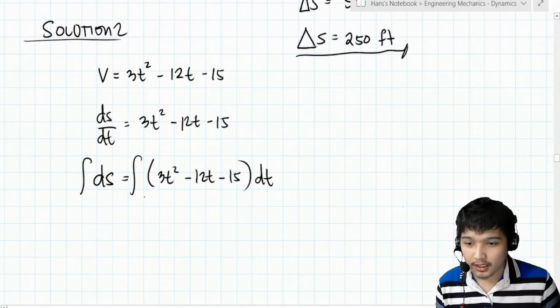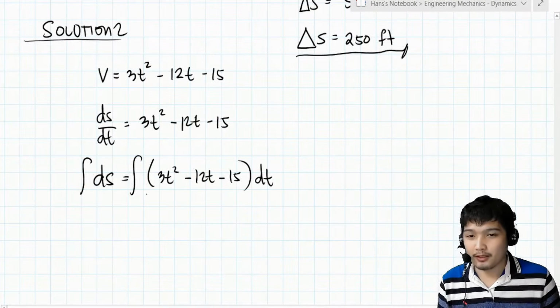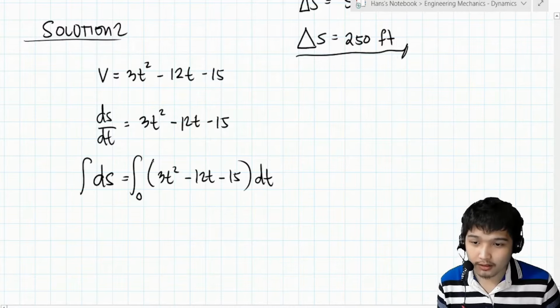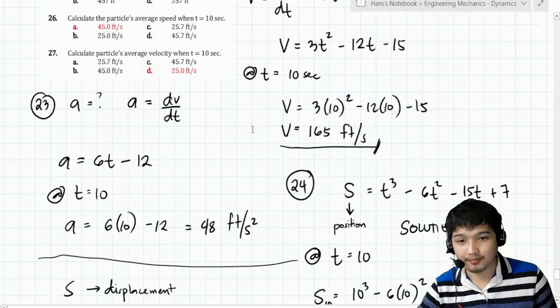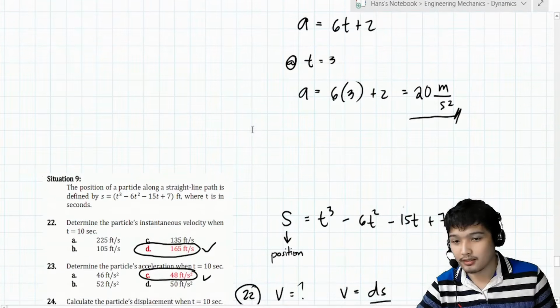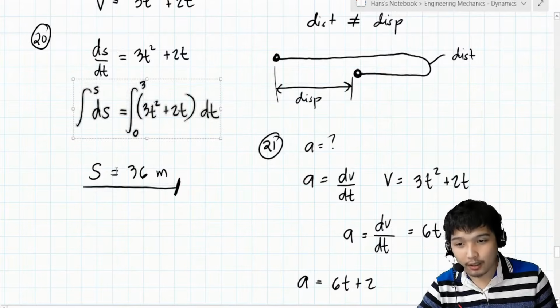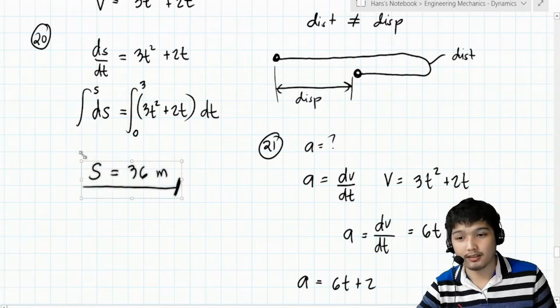So from this case, ang tinatanong kasi yung displacement niya at time equal to 10 seconds. So we start from 0 to 10. So what we will be solving here is yung displacement na directly, katulad ng ginawa natin kanina. Directly nakuha mo na yung displacement. Okay?